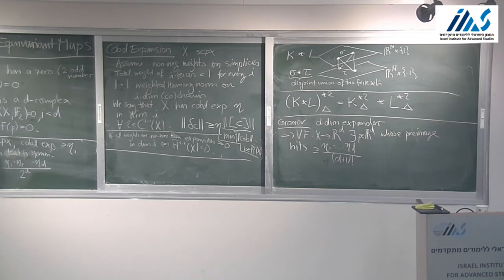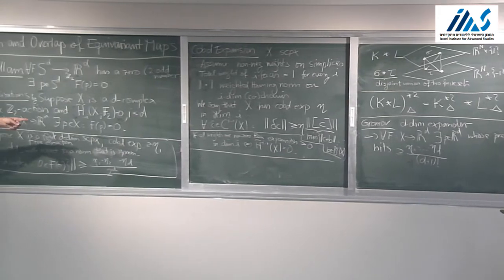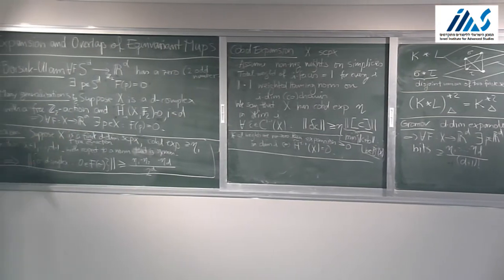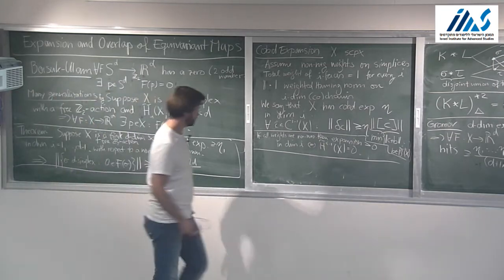Let me just mention that this fails for co-systolic expansion. So you cannot prove this theorem if you, in the hypothesis, replace co-boundary expansion by co-systolic expansion. You cannot prove it, or it's not true? It's simply not true, for a very stupid reason. The example is very silly.